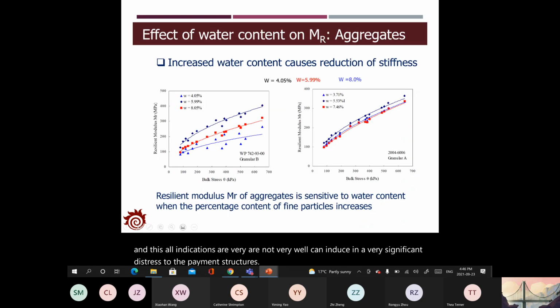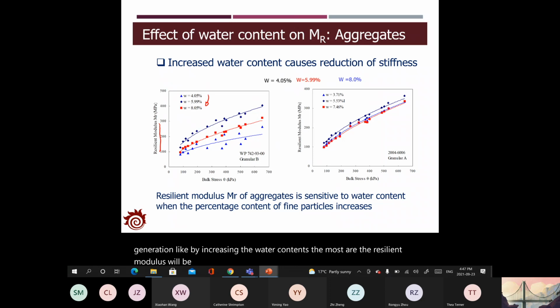And also, in the MR test, we do some analysis about the impact of the water content, and we can find the reductions of the resilient modulus with respect to the increase of the water content. Even though some soils are sensitive to water content and some are less sensitive, we can see the general trend: by increasing the water content, the resilient modulus will be smaller.